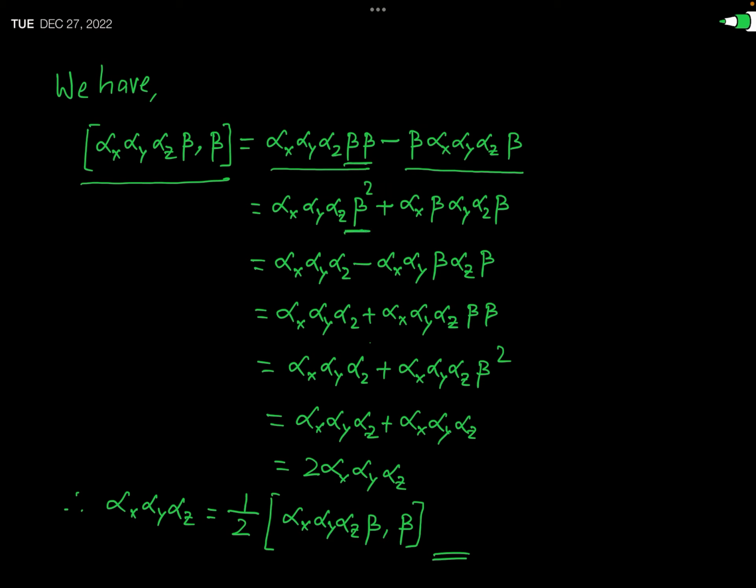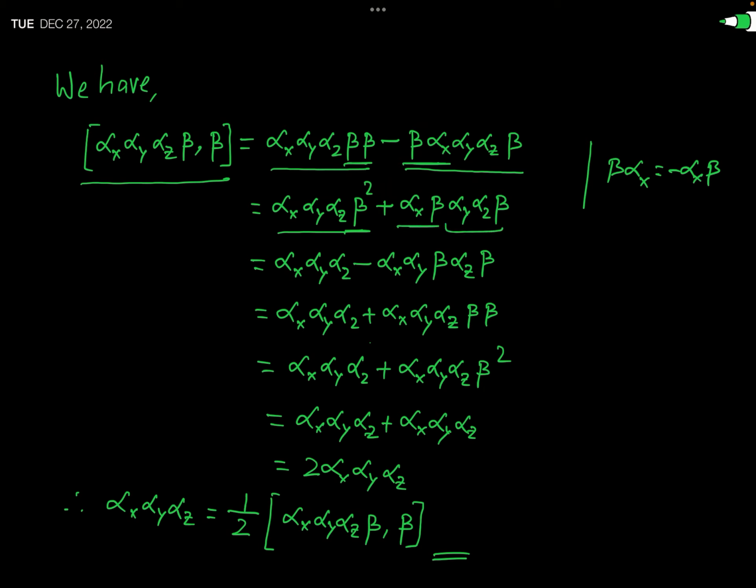Now again you know that beta times alpha x is equal to minus alpha x beta. So instead of this minus beta alpha x, I have written here plus alpha x beta, mark it.